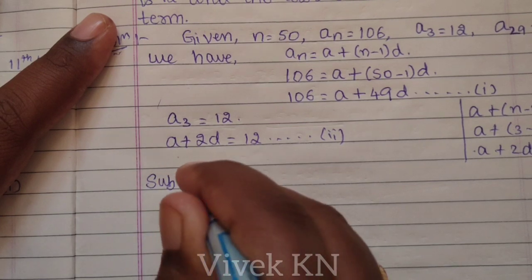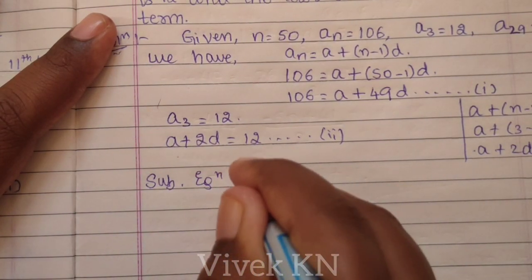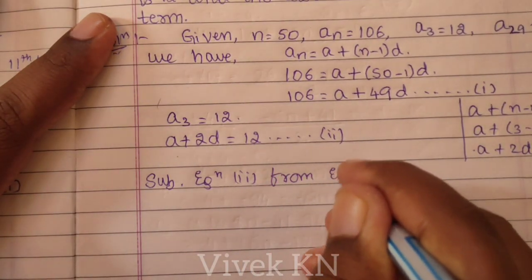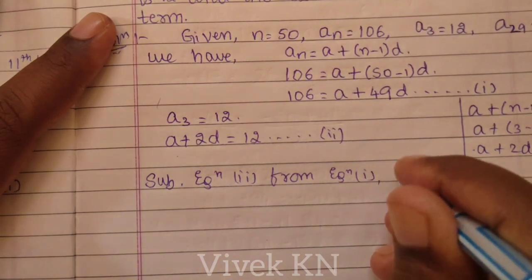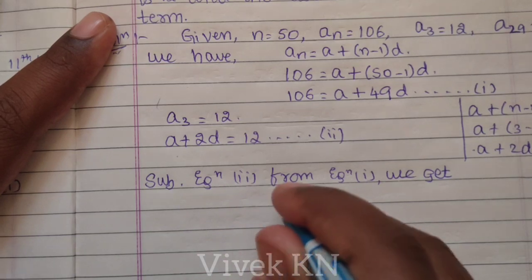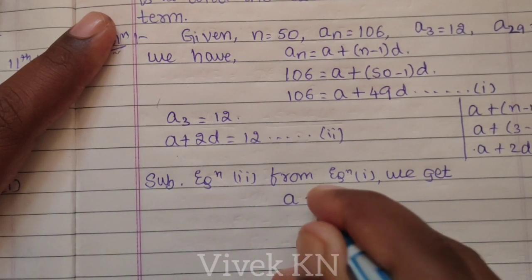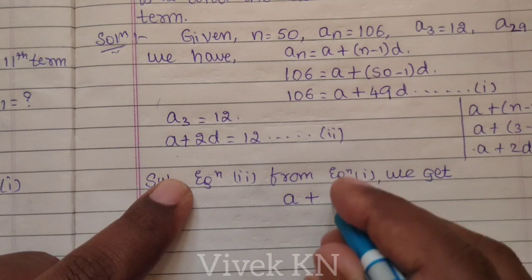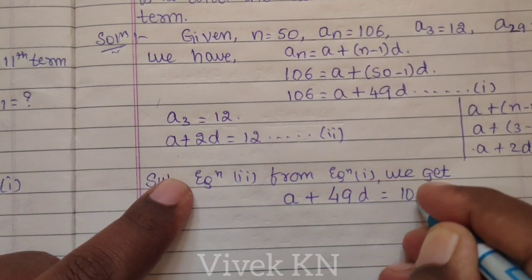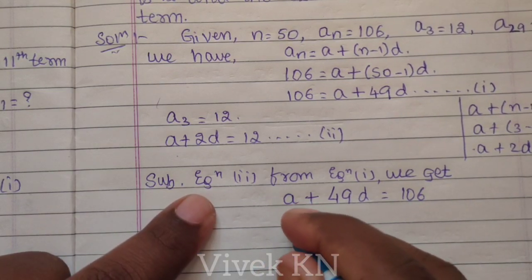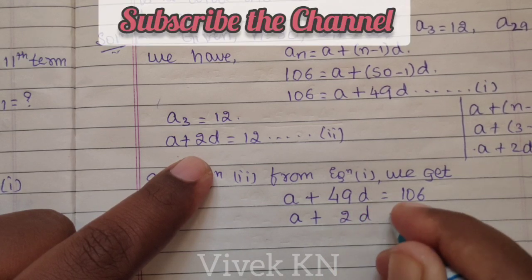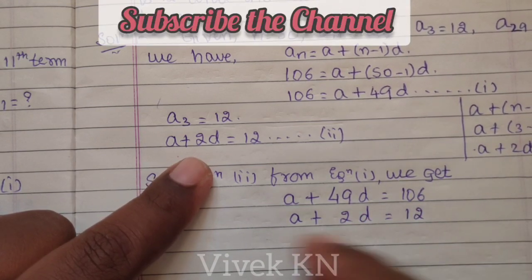Subtracting equation 2 from equation 1, we get: equation 1 is A plus 49D is equal to 106. Equation 2 is A plus 2D is equal to 12.